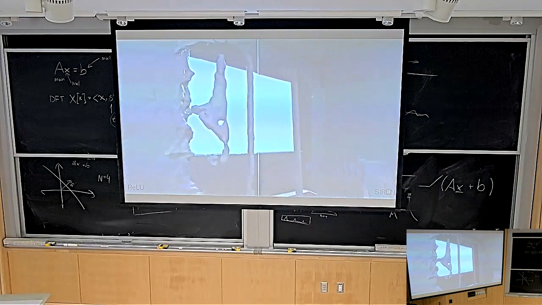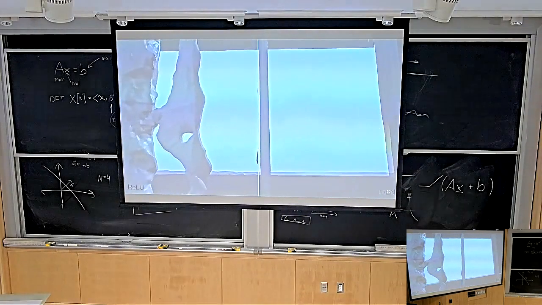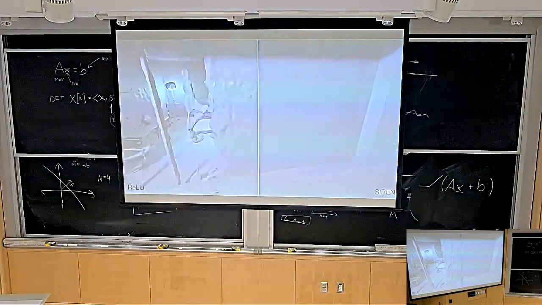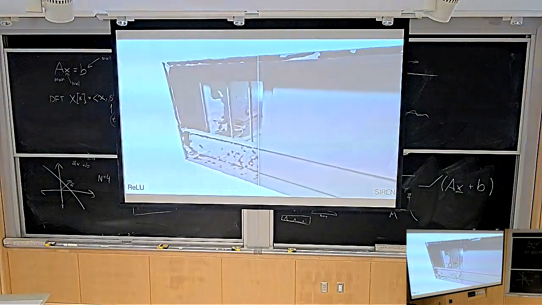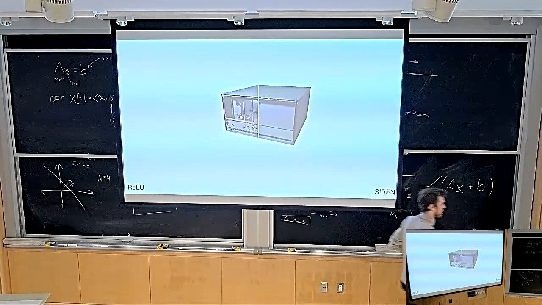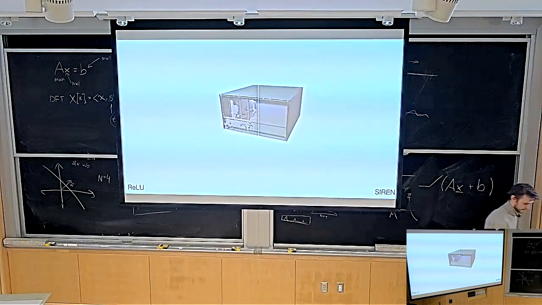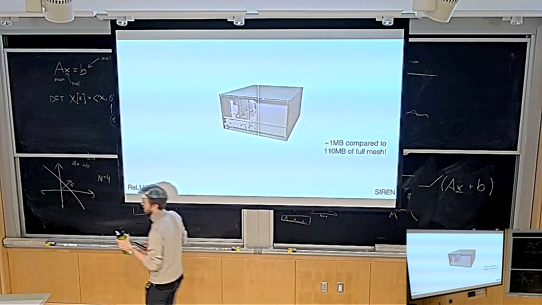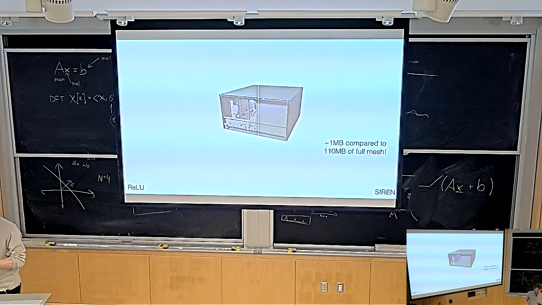This whole room is stored in a 2 megabyte neural network. So it's really small. Oh, never mind, 1 megabyte. The mesh that generated this was, in comparison, 110 megabytes.